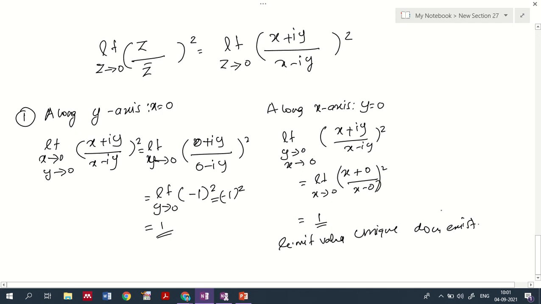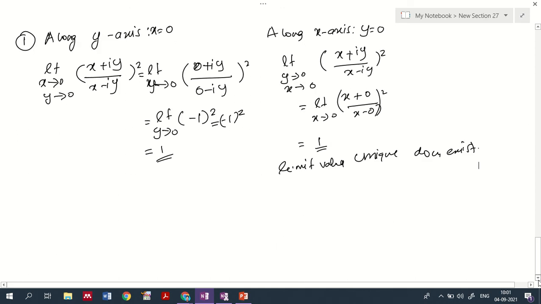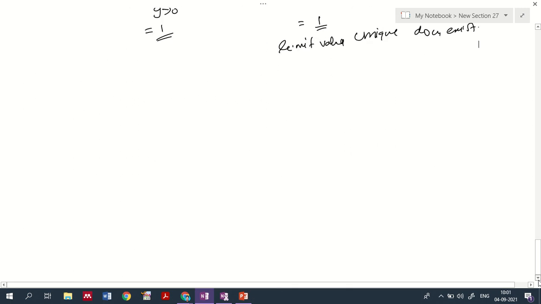Whenever evaluating only these two cases, we'll get an idea that the limit exists in this case, right? But that is not exactly correct when you consider another case, that is along y equal to mx, because when z tends to 0, you have to consider all the curves that are possible.